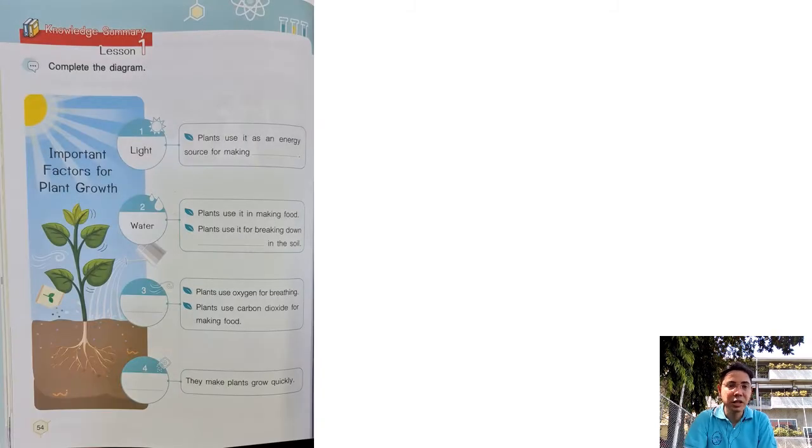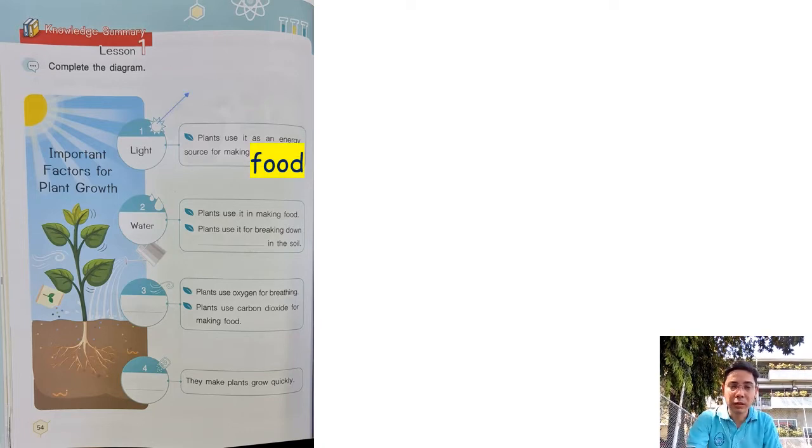Now, open your book on page 54 and let us answer. We are going to write the word that will complete the sentence. 1. We have the sunlight. Plants use it as an energy source for making, yes, food.